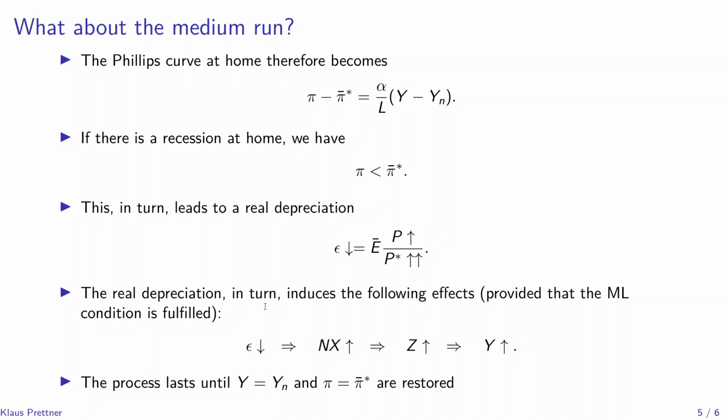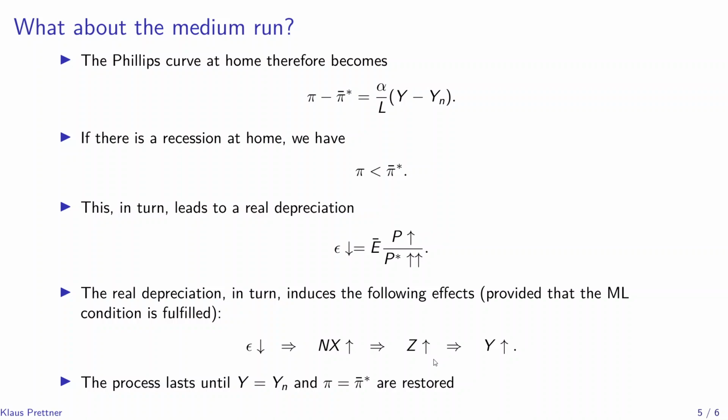Now, a real depreciation, as we know, would induce the following effects, assuming that the Marshall-Lerner condition is fulfilled. The real exchange rate decreases, then this would make exports of the country cheaper and imports more expensive. So net exports would increase in the medium run, according to the J curve, basically.